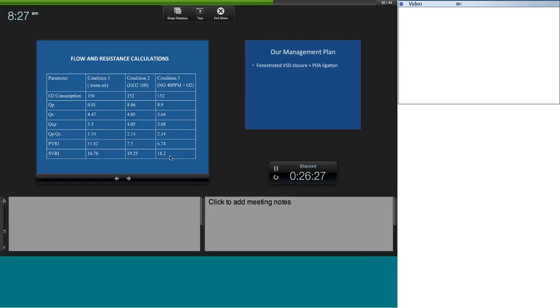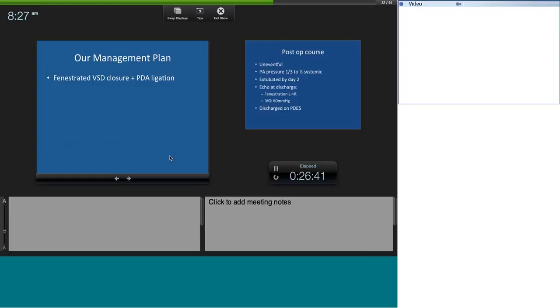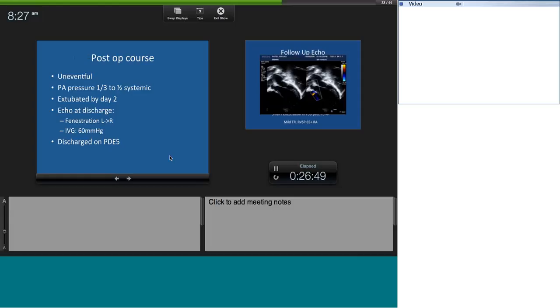So we put everything together in this child. Because we liked the clinical situation. We found the resting sat clinical situation to be good. We decided to operate on this child. We did that. We closed the VSD, we left behind a fenestration. There was a large PDA that we ligated. And he did beautifully. Uneventful.